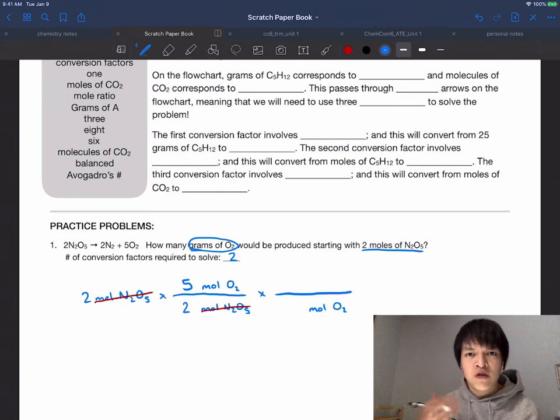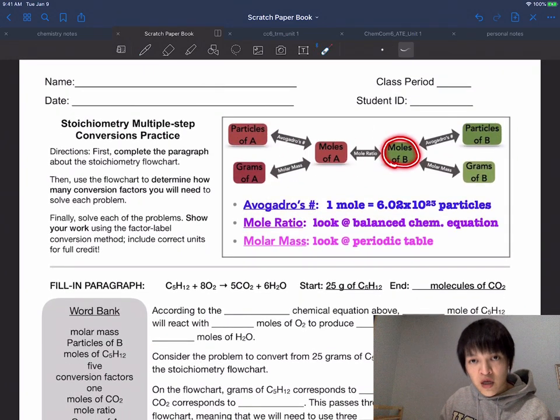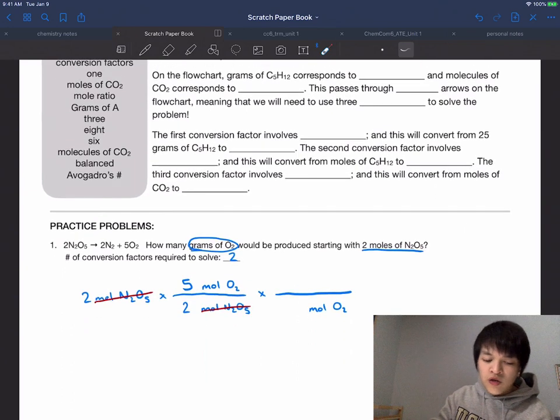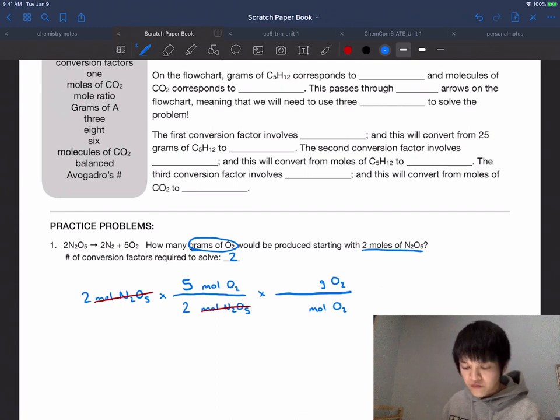And what are we trying to convert to in our second conversion factor? If you take a look at the flowchart again, now we're trying to go from moles of our second substance to grams of our second substance.